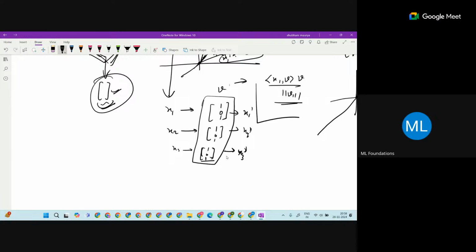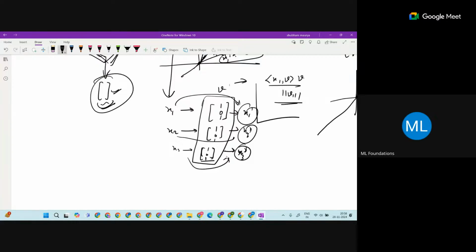In PCA, what is happening is I am projecting all three data points on a single vector, and I am assuming all three are x1, x2, x3. When I'm projecting and getting x1 prime, x2 prime, x3 prime, I'm getting some error. So how can I reduce that error?